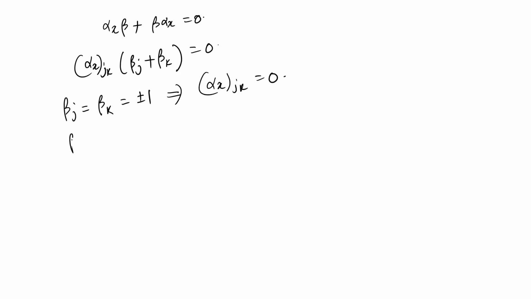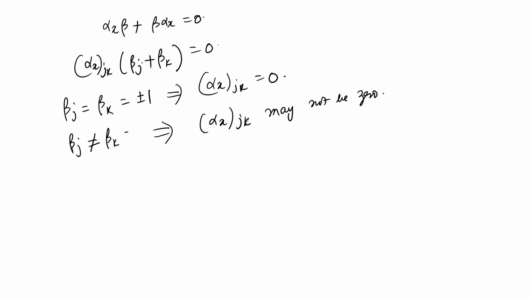If beta j is not equal to beta k, which means one of them is plus 1 and the other is minus 1, in that case alpha x jk may not be equal to 0. I am not saying it is not equal to 0, it may not be equal to 0. That is because, in order to satisfy this equation.